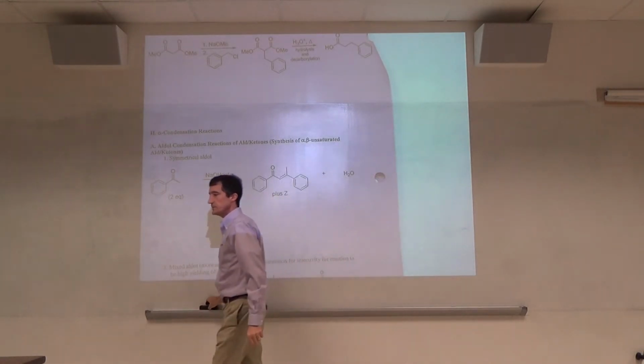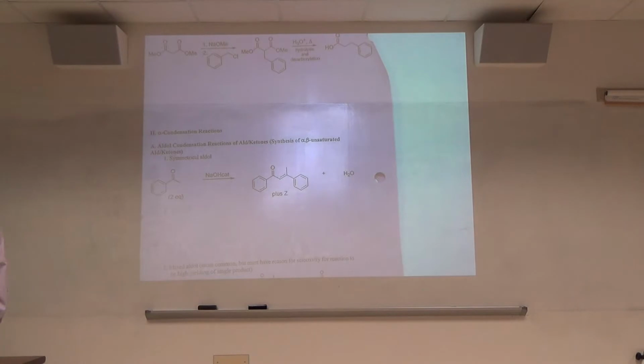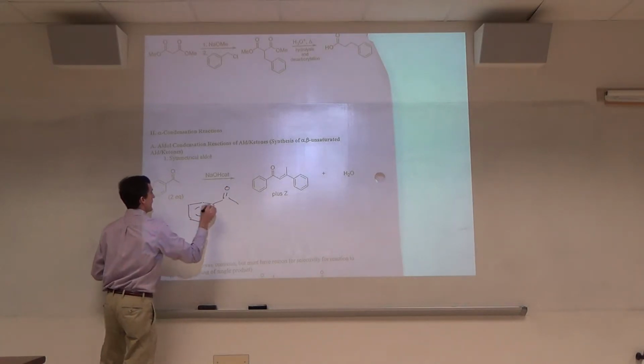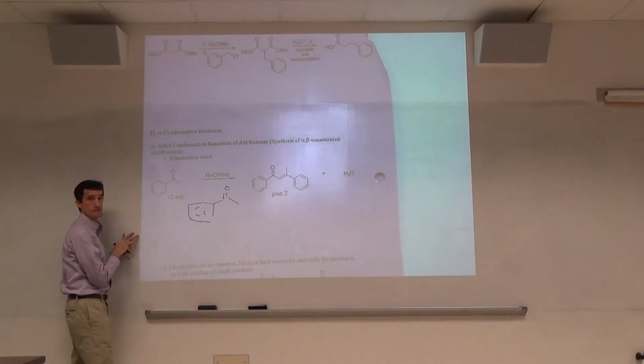Now this is a mechanism that, if I gave you 10 minutes for the first time, I would hope that most of you could do this. It's not much new. Now there's two of these, so let's go ahead and draw another one up here. Okay, what do you want to do first?